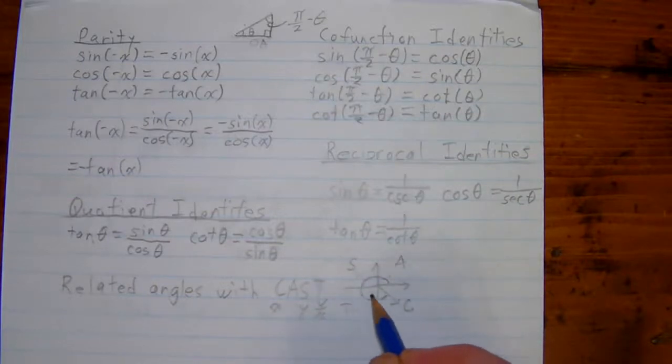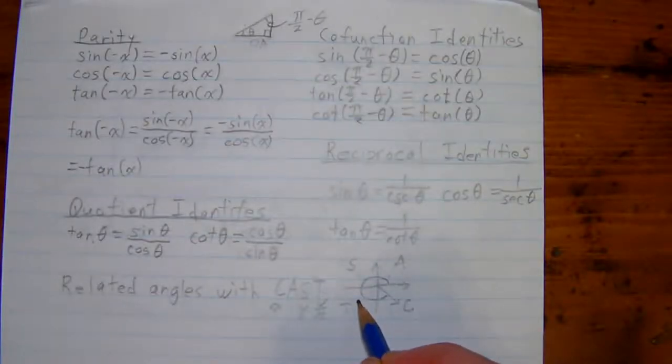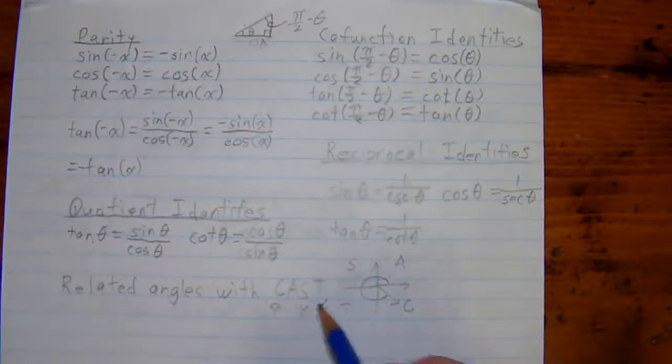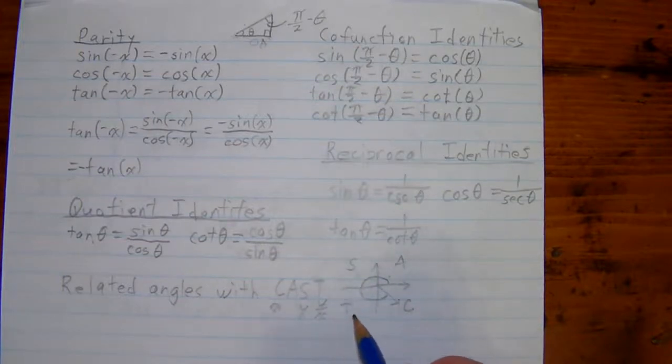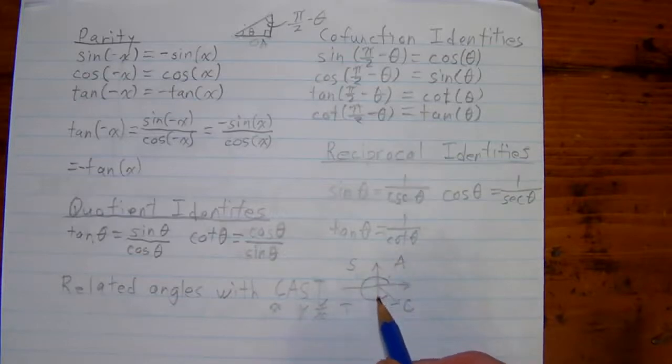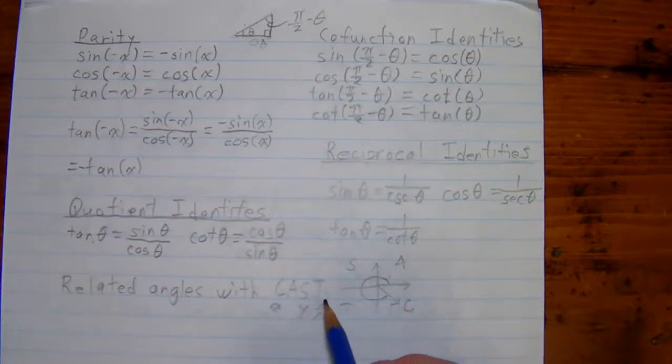And then if we move here, in this quadrant, the x-axis is negative, the y-axis is negative. And so cos is negative, sine is negative. But negative divided by negative is positive, so tan is the lone positive one here. And then in the last quadrant, x is positive again, y is negative. So cosine is positive, sine is negative, negative over positive is negative.